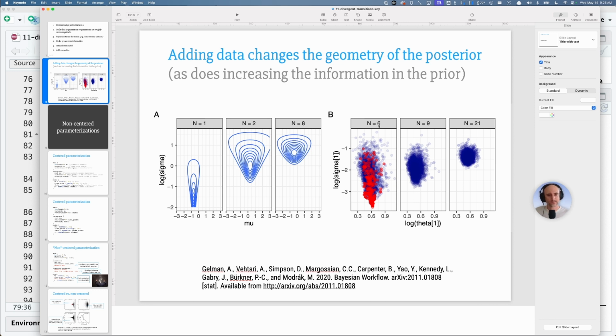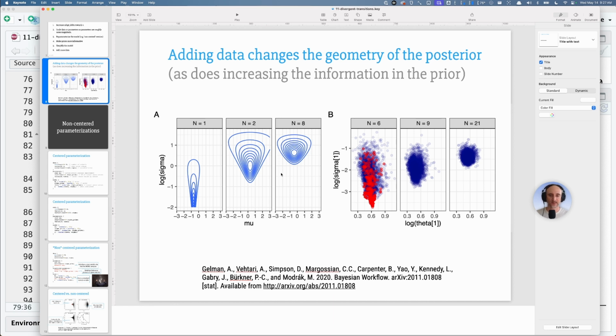But here, there's a sample size of 6, sample size of 9, sample size of 21. And as you increase the amount of data, the posterior becomes less funnel-shaped and starts approaching the normal distribution. It starts to be better behaved like this, and so the sampler now has no problems sampling from it.